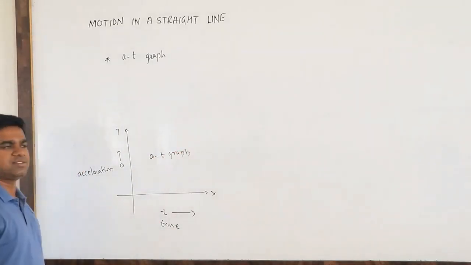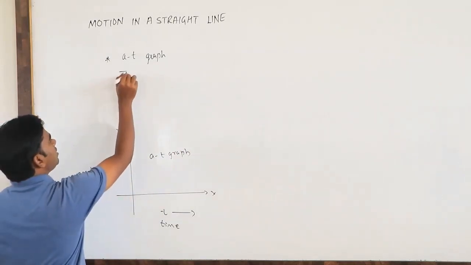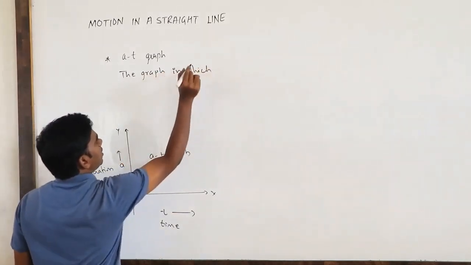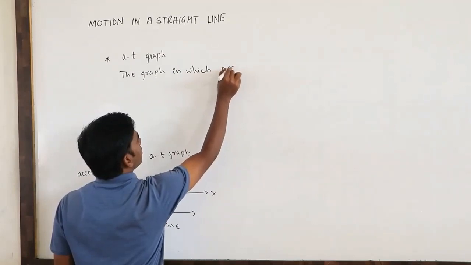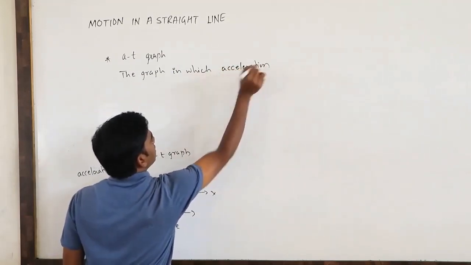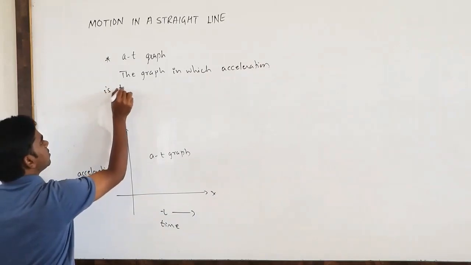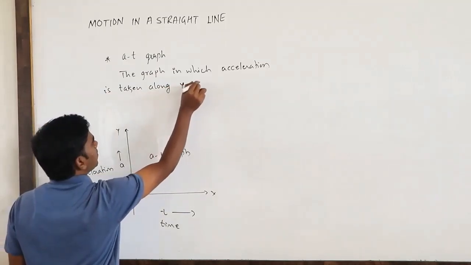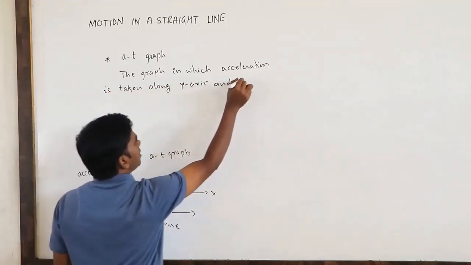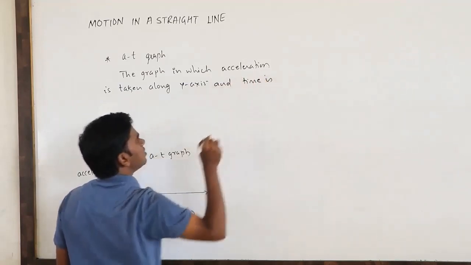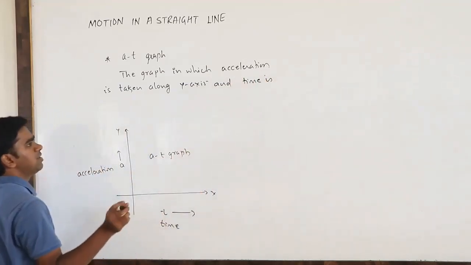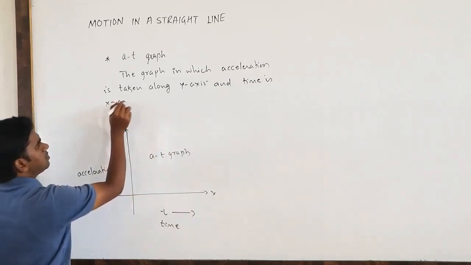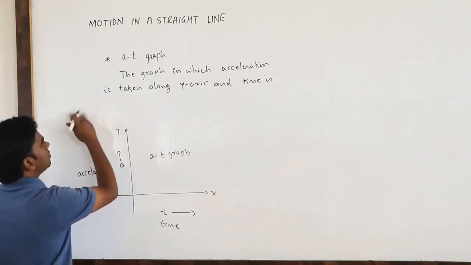So how can we define the acceleration time graph? The graph in which acceleration is taken along the y-axis and time is taken along the x-axis. Same as the definitions we did for velocity and position.